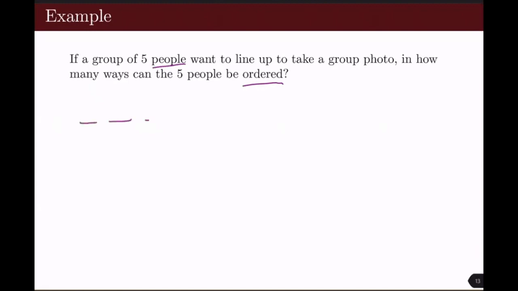I've got 1, 2, 3, 4, 5, right? That they're gonna line up, they're gonna take this picture. But I can't put 1 person in 2 spots. So we're also focusing on their order. So the order matters and it can't be repeated. So that's how we know that this is a permutations problem.